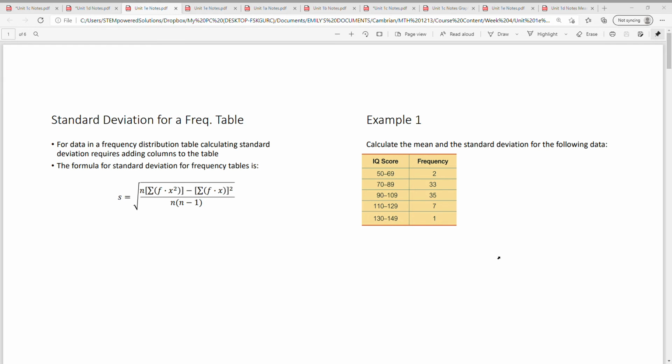Now we can actually paste all this information into the table. So I'm going to delete this column, and I'm just going to insert a page break. There we go. Okay, so now what we can do is start working with our formula.